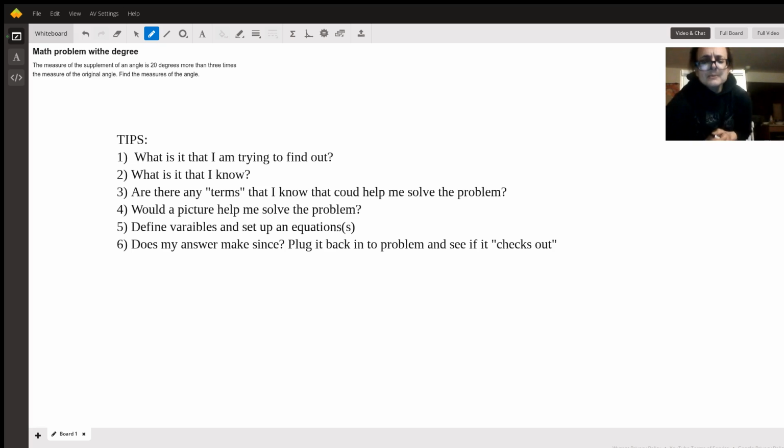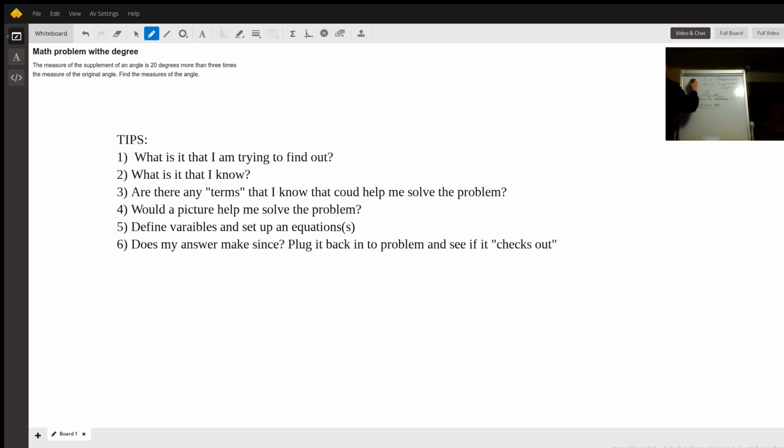Since we're talking about supplementary angles, we must be talking about 2. But we have to get our bearings somewhere. I see the words original angle. That's a starting point. So whatever that angle is, we'll start from there and build off of it. I'm going to call this original angle, for simplicity, angle 1.